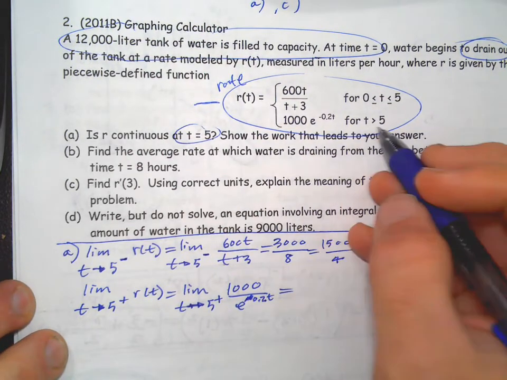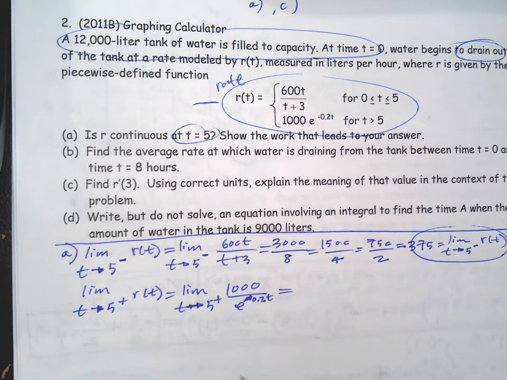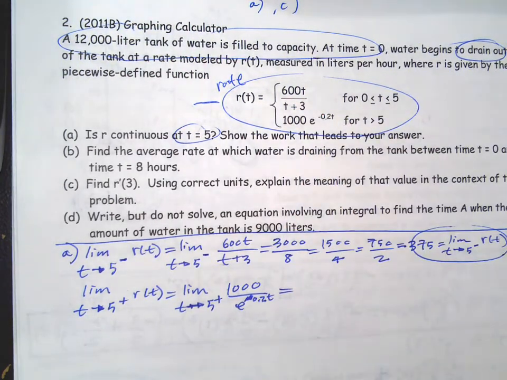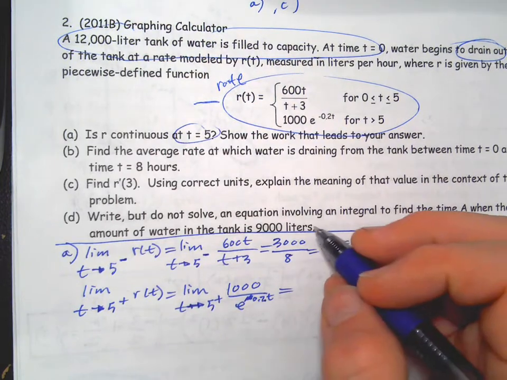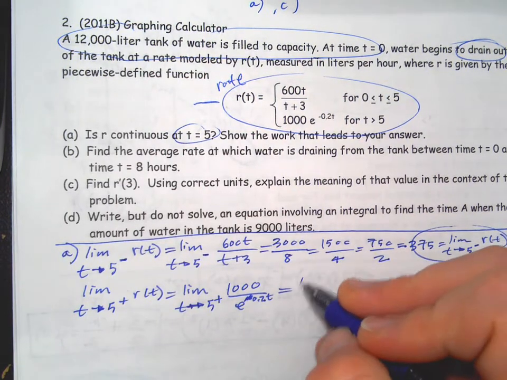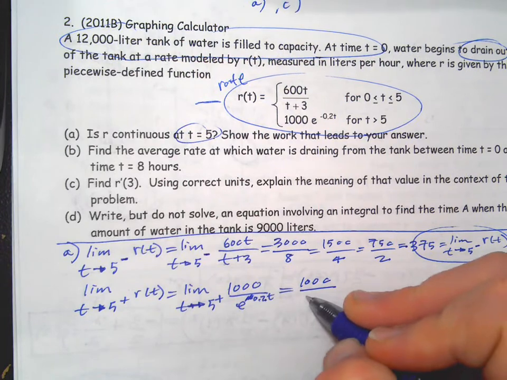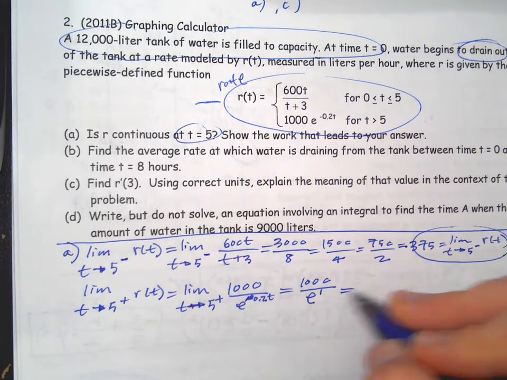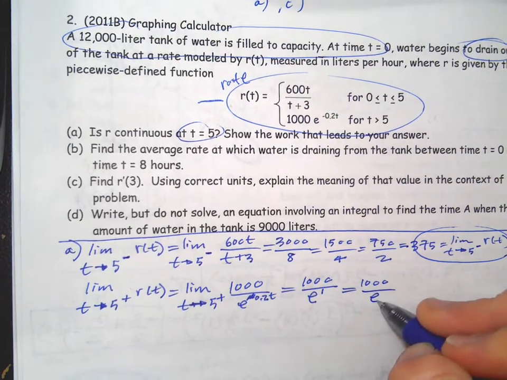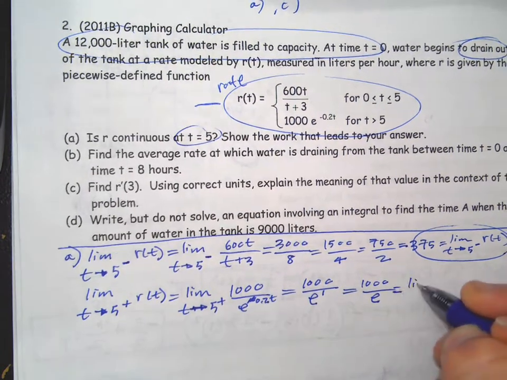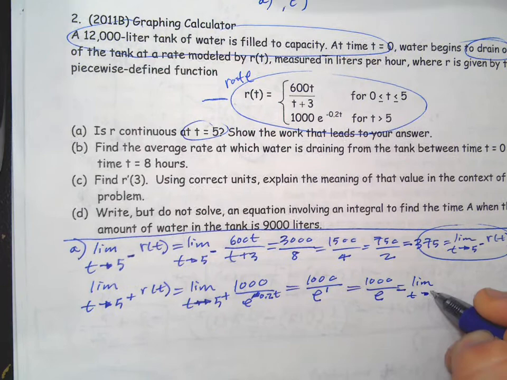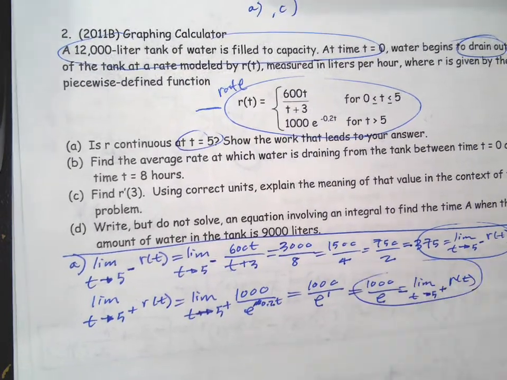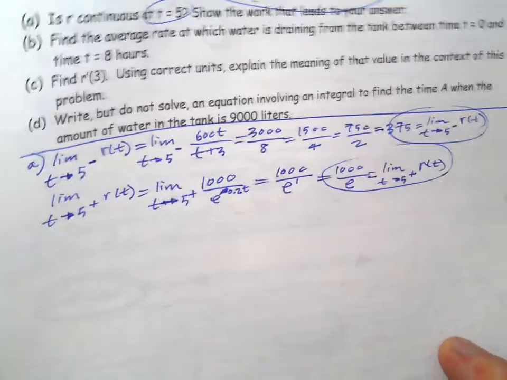Now, technically, you're not supposed to plug 5 in here, but I'm going to plug 5 in because this function itself is continuous, and substitution should work unless I get an indeterminate form or something like that. So this is going to be 1,000 over e to the first power, right? Which is 1,000 over e. Which looks bad because the one-sided limits have to agree for the overall limit to exist.